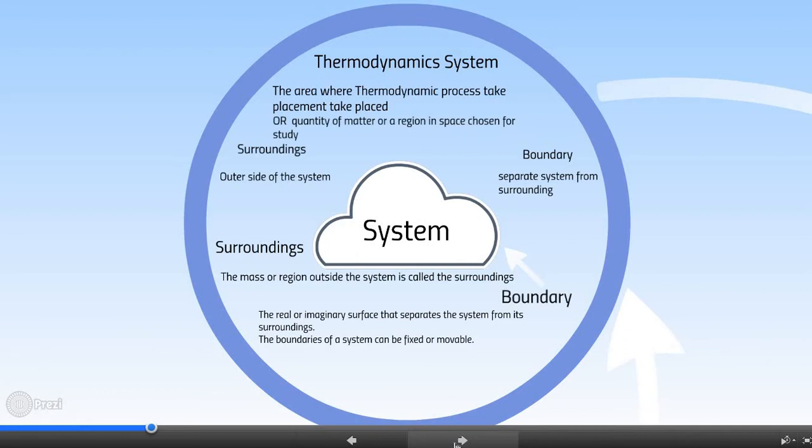The imaginary or real surface that separates the system from its surroundings is called the boundary. The boundary of a system can be fixed or movable. The boundary is the contact surface shared by both system and surroundings. Mathematically speaking, the boundary has zero thickness and can neither contain any mass nor occupy any volume of space.